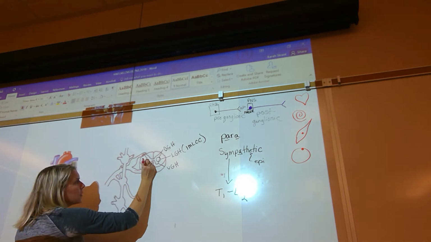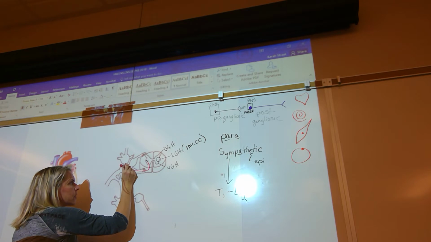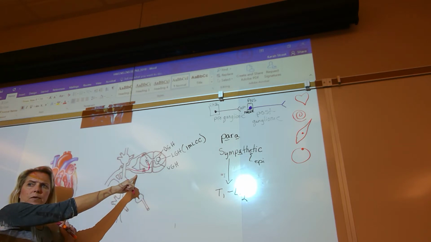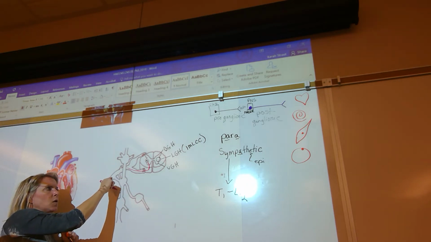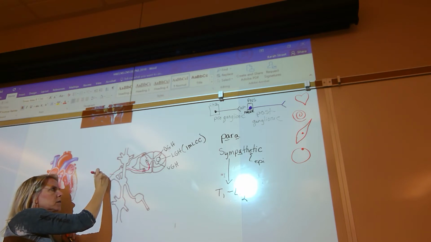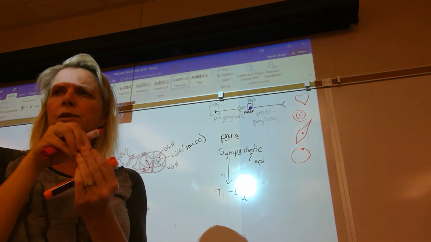So, this preganglionic axon exits through a ventral root and will enter a spinal nerve. This whole area right here is a spinal nerve. If you remember when you were learning about your bones, when we had two vertebrae together, it created an intervertebral foramen.